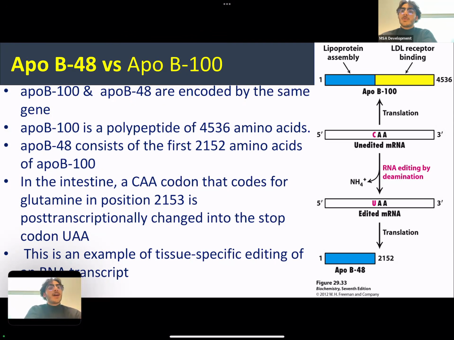That's why in the liver it's ApoB100, as in LDLs and VLDLs, but in the intestine, because this CAA codon is replaced with UAA, a stop codon, it's stopped prematurely. That's why chylomicrons are ApoB48, and VLDLs and LDLs are ApoB100.